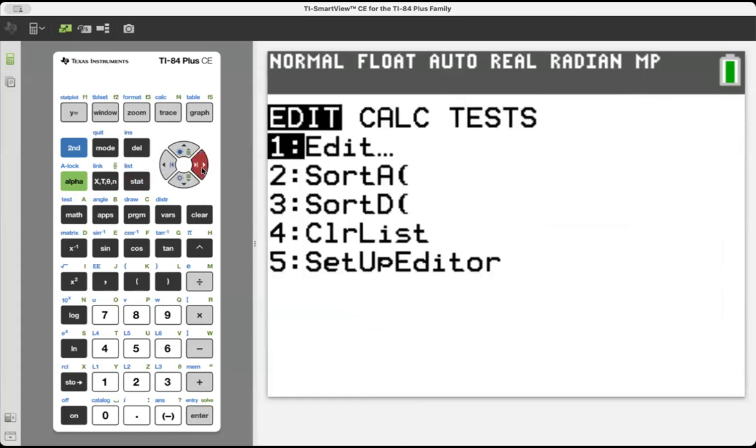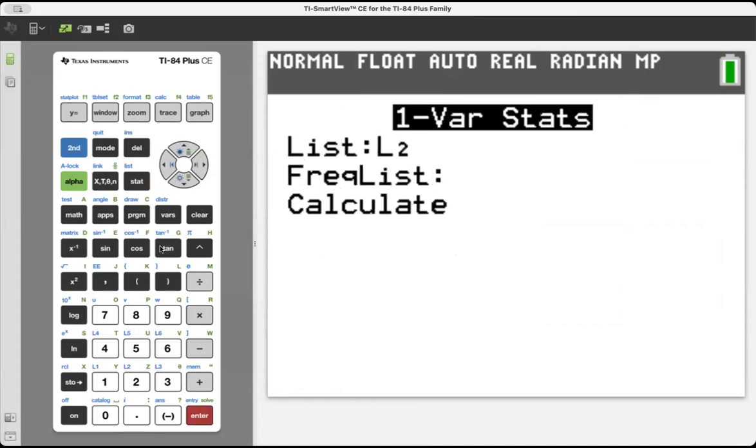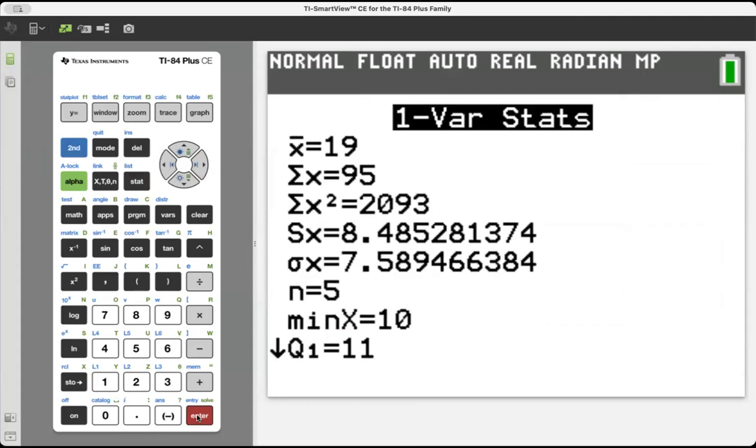Running one var stats on Motion Max, that's in L1, so second one, gives me an average sample mean of 19 and a standard deviation of 8.4853.